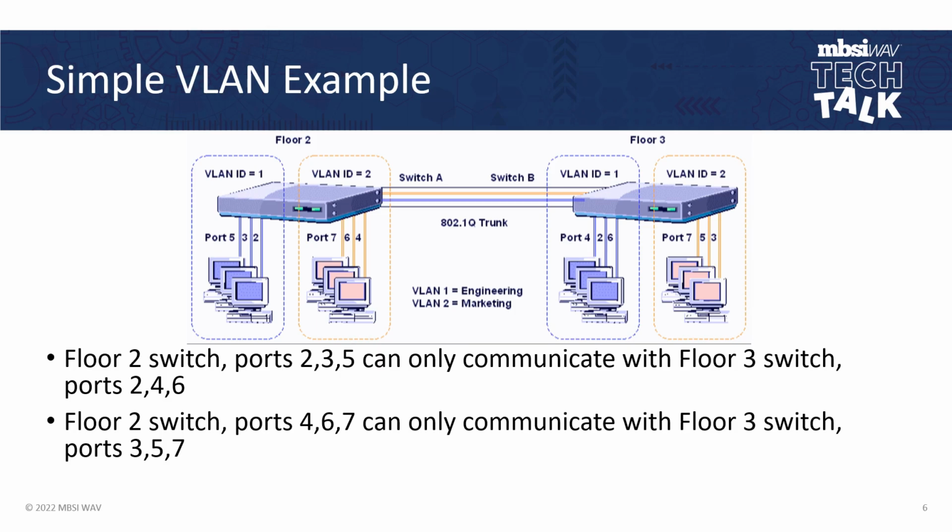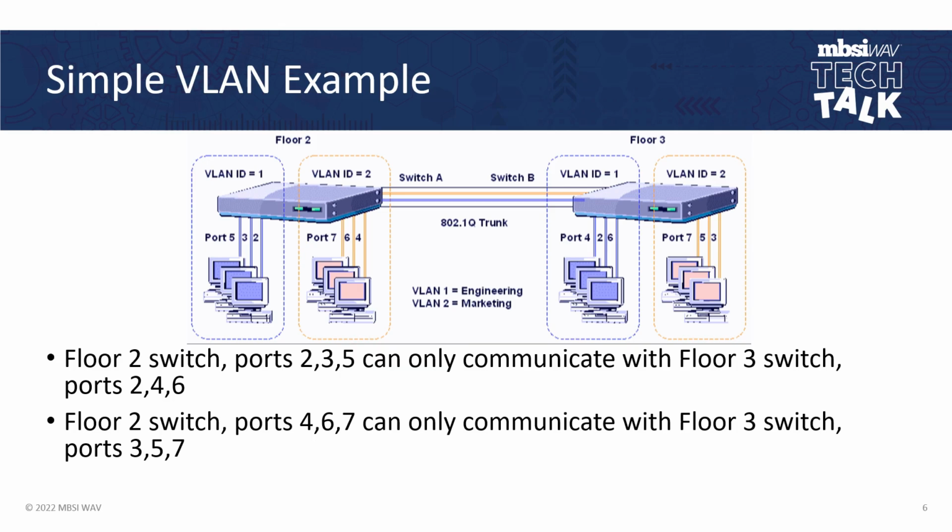So in my case of ports 2, 3, and 5, maybe those are access ports and they get converted to a VLAN ID. In this case, I've got VLAN ID 1. VLAN 1 can be tagged or untagged. It depends; we'll talk about that in a minute. But anyway, I've got a VLAN ID. Ports 4, 6, and 7 on that switch, different computers, are connected to a different VLAN, VLAN ID number 2.